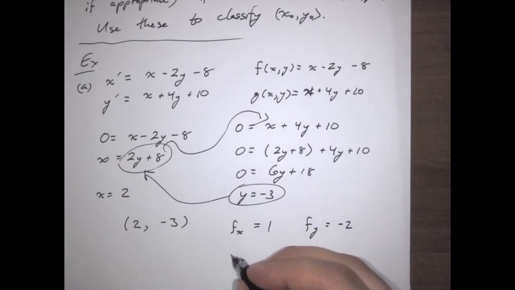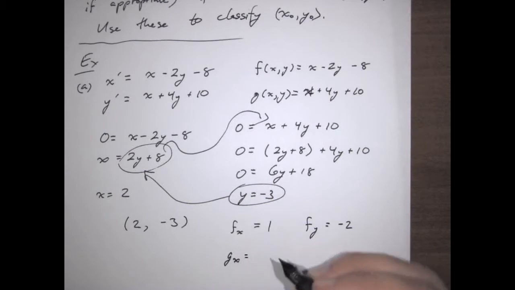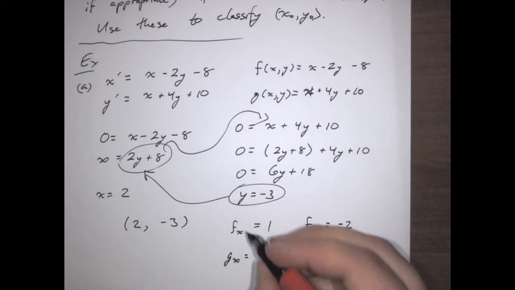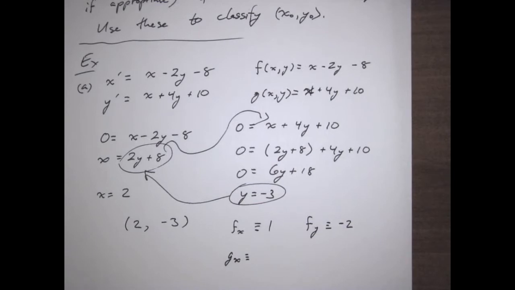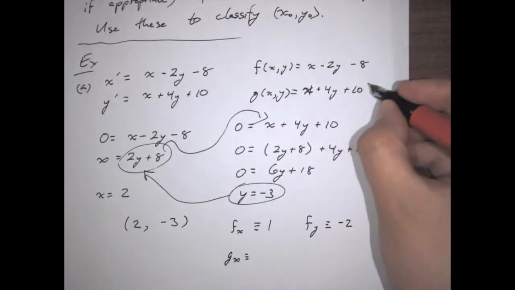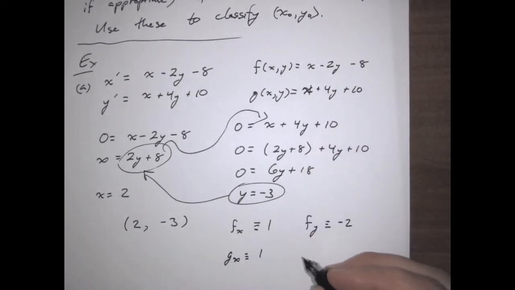And then we've got g sub x is equal to, and these are actually constantly equal to, because when we differentiate them, they lose their variable nature. So g sub x is constantly equal to 1 plus nothing is 1.